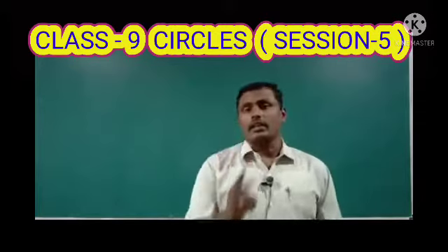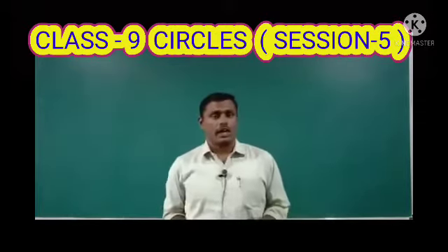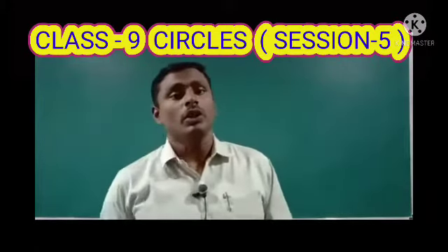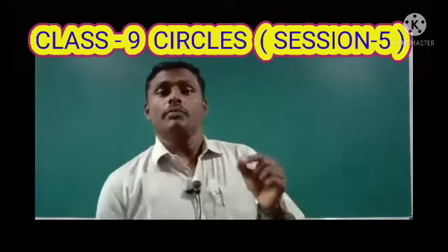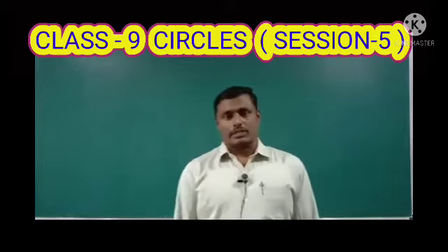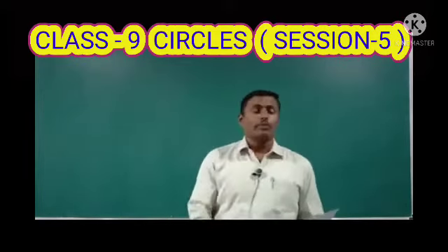Usually in a cyclic quadrilateral we get two pairs of opposite angles, and the sum of each pair is always 180 degrees. So these are some of the properties or theorems we already discussed in the previous classes. Today we are going to discuss some numerical problems.